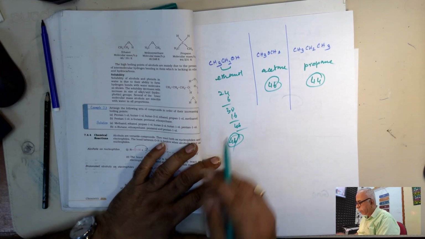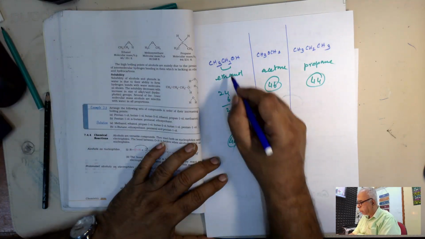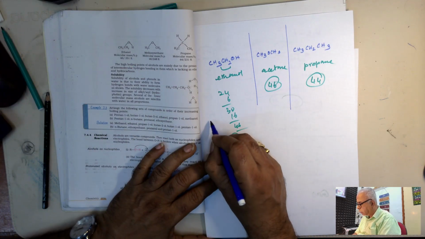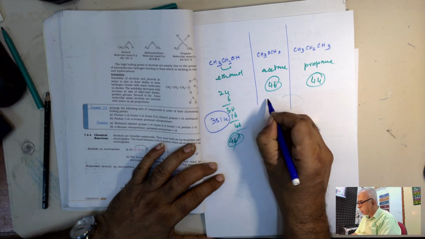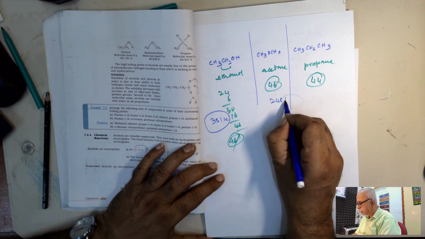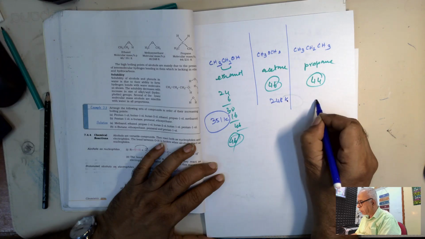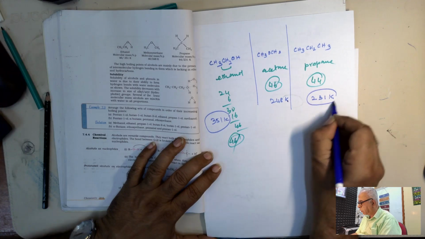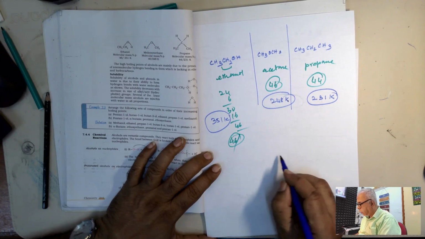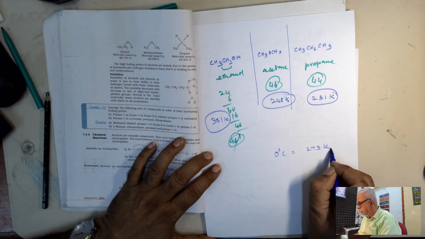But even then, look at the boiling points. Ethanol is 351 Kelvin, acetone is 248 Kelvin, and propane is 231 Kelvin. 0 degree Celsius is nothing but 273 Kelvin.